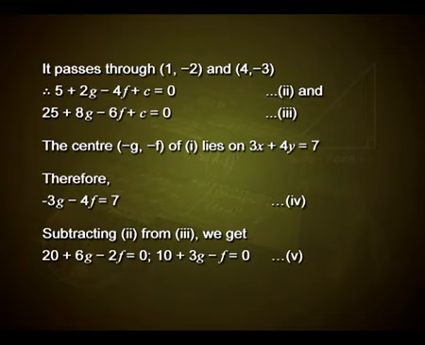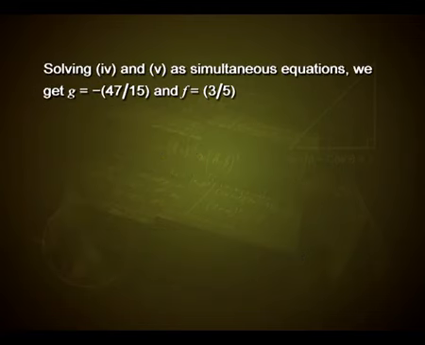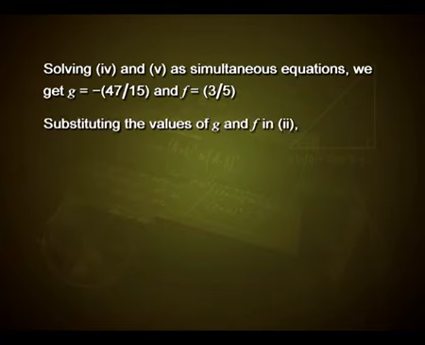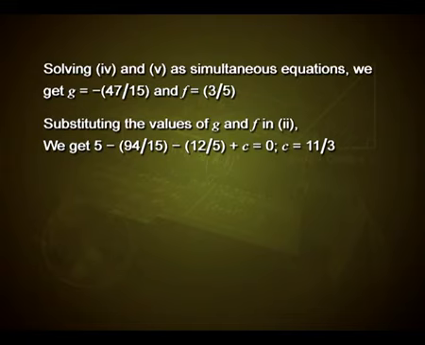On solving equations 4 and 5 as simultaneous equations, we get g = -47/15 and f = 3/5. On substituting these values of g and f in the second equation, we get 5 - 94/15 - 12/5 + c = 0.